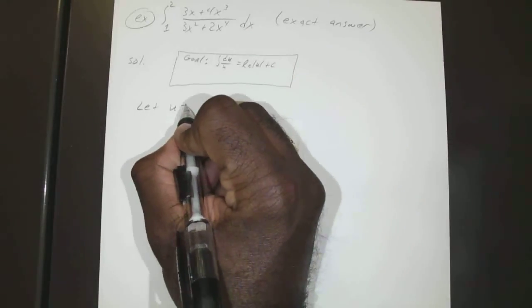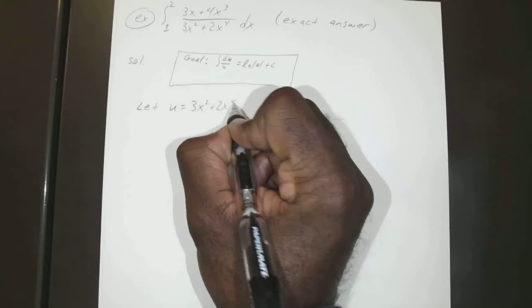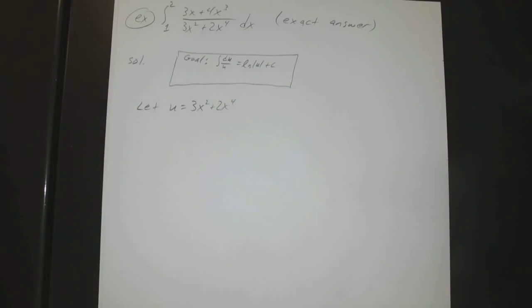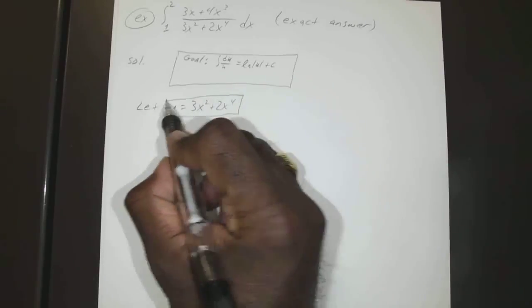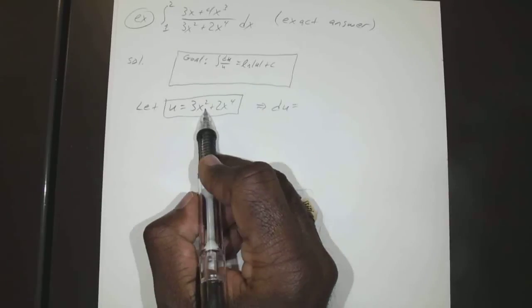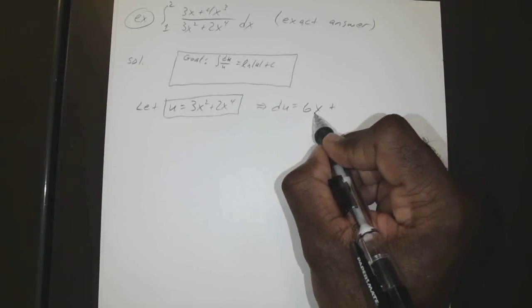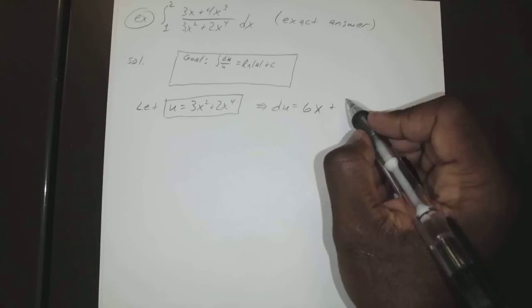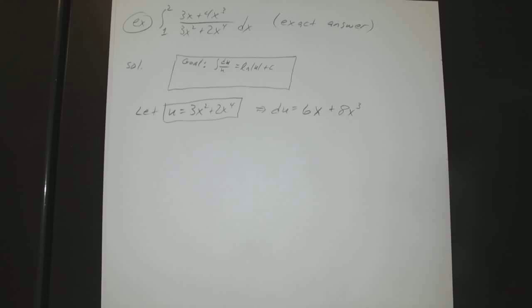So let u equal 3x squared plus 2x to the fourth. Okay, which means our du is equal to 6x plus 8x to the third.